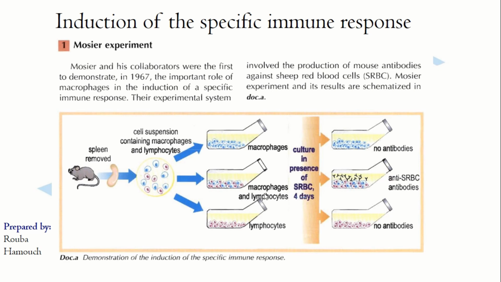Due to the cooperation of these 2 types of leukocytes, specific antibodies are produced against the antigen. So we need the previous contact with the antigen plus the presence of both macrophages and lymphocytes in order to induce a specific immune response against a given antigen.